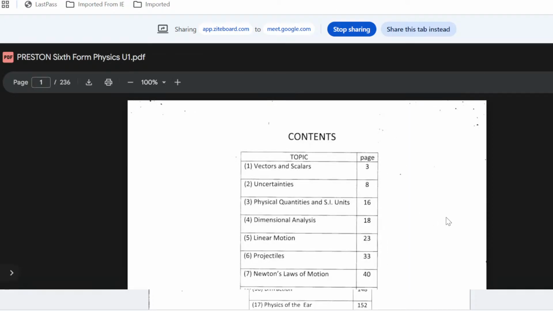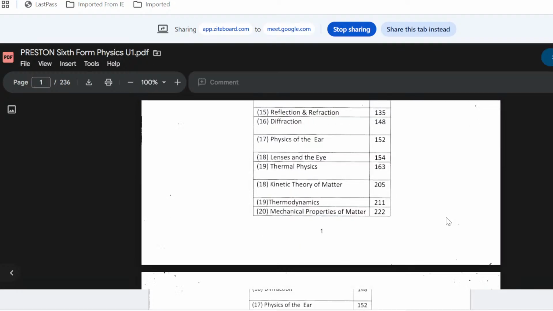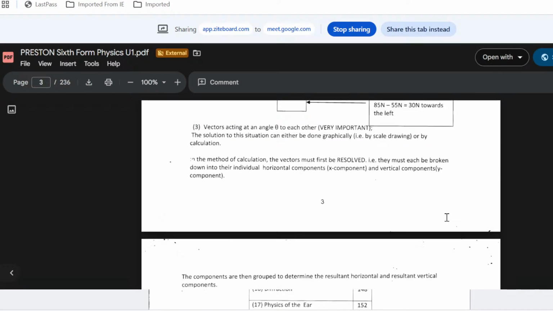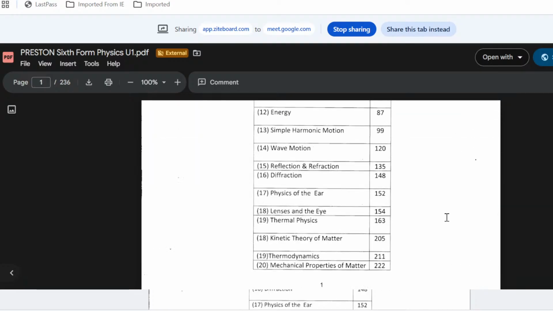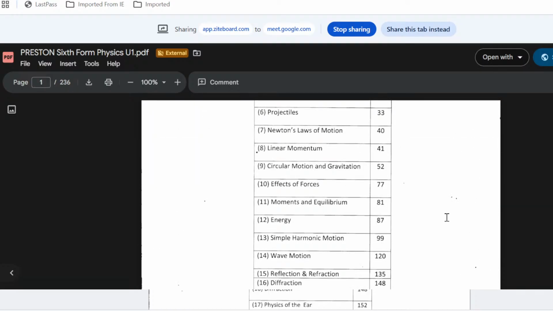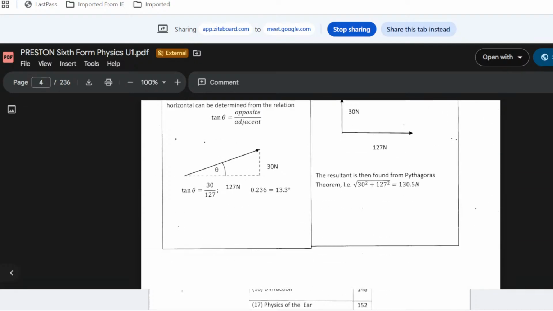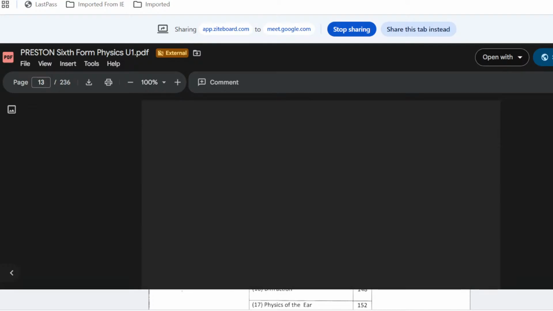All right, let me see what the equations are on this.